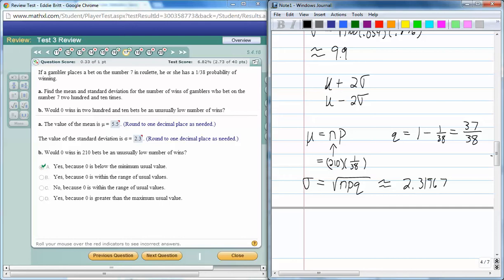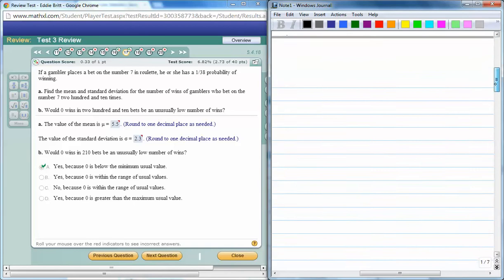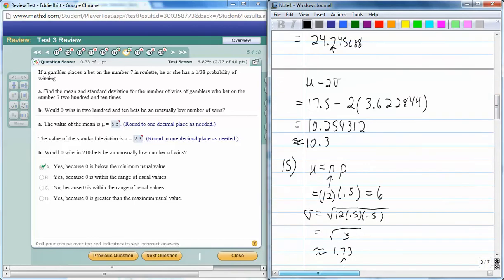However, using statistics, we can show that, because if we get the minimum usual value here, how do you do that? Remember, it's mu minus 2 times the standard deviation.